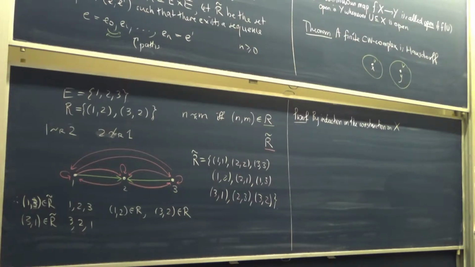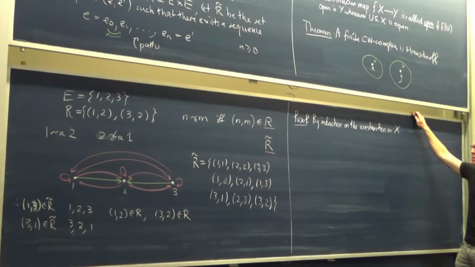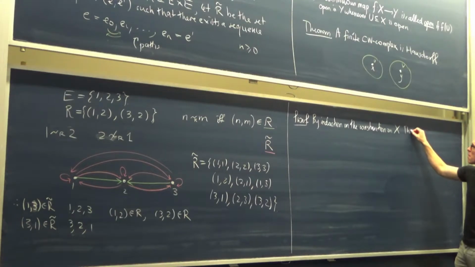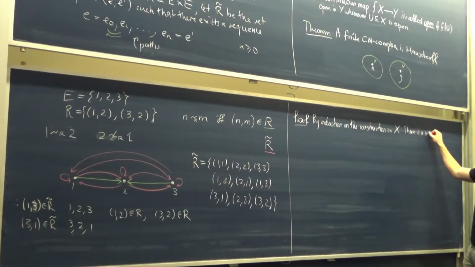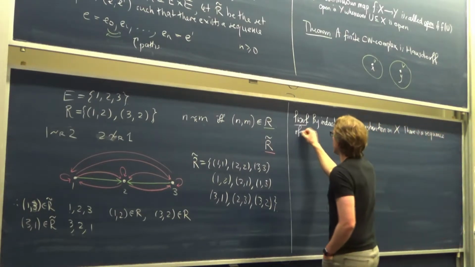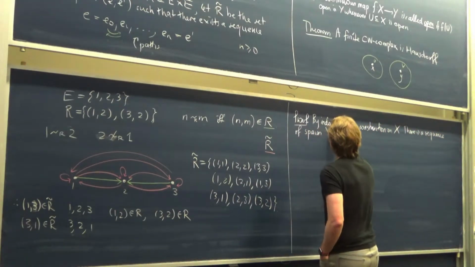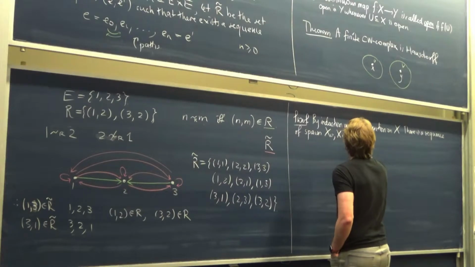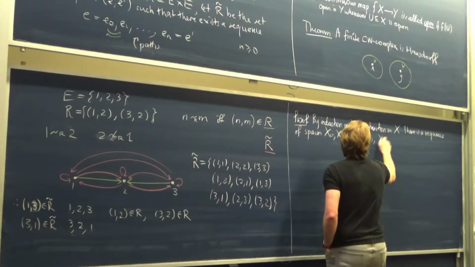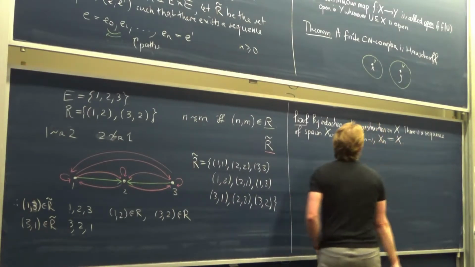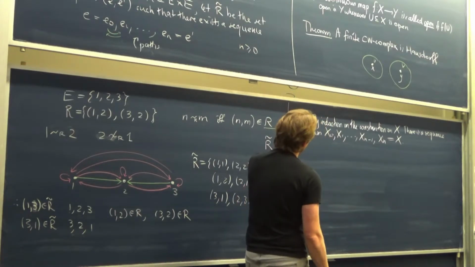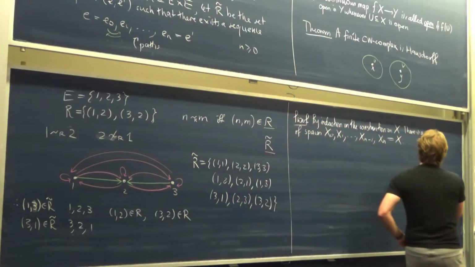So a CW complex X, by hypothesis, comes along with a sequence of spaces x0, x1, ..., xn minus 1, xn is x, with the property that x0 is finite and discrete.